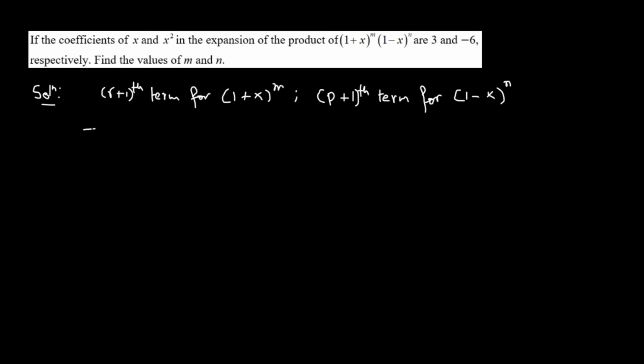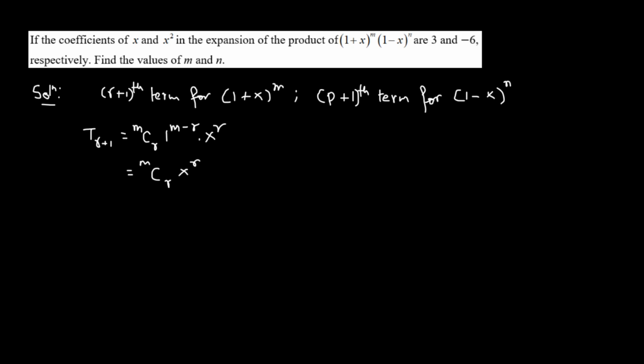So that would give us T(r plus 1) is equal to mCr times 1 raised to the power of m minus r times x raised to the power of r, which will be mCr times x raised to the power of r.